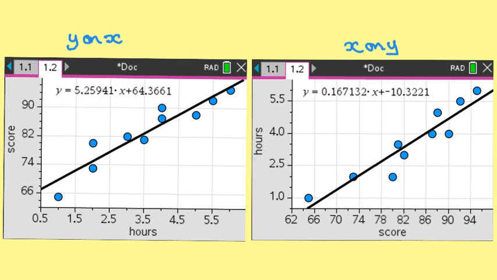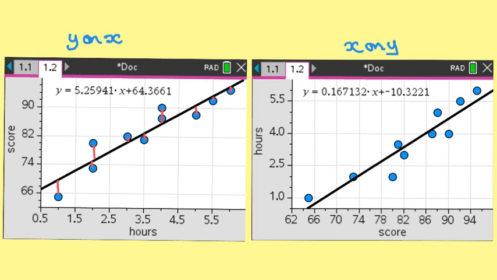Right, what is happening when we are calculating a regression line? There's my original hours against scores, and what it is actually doing is taking all the horizontal distances from each of the points to the line of best fit, and it wants to make the average of those the smallest.